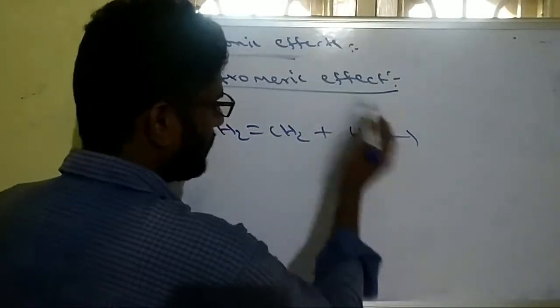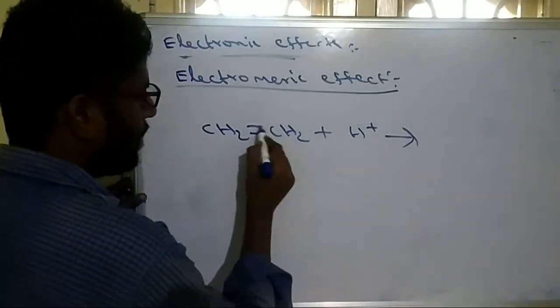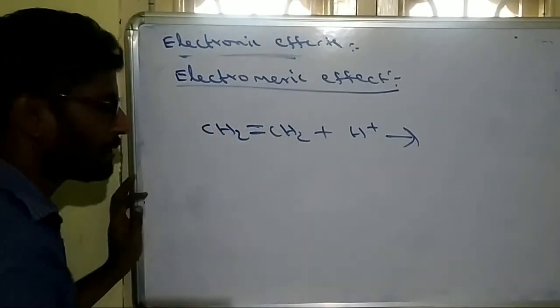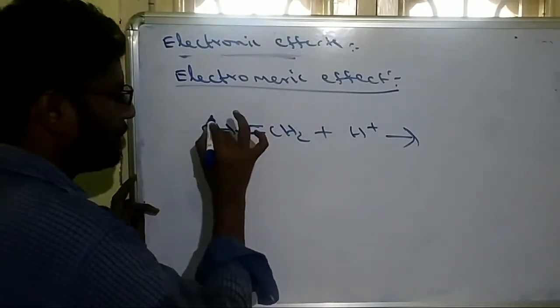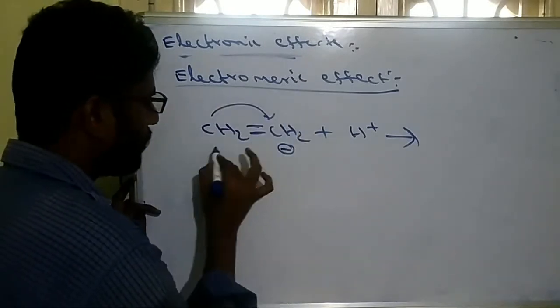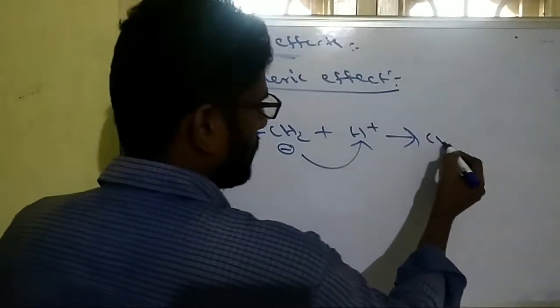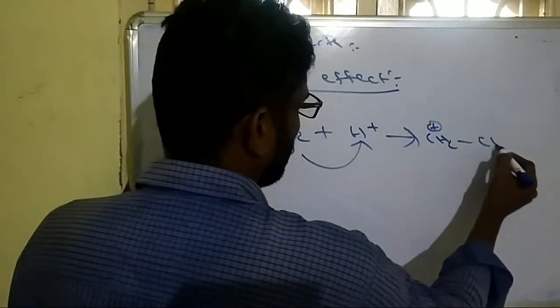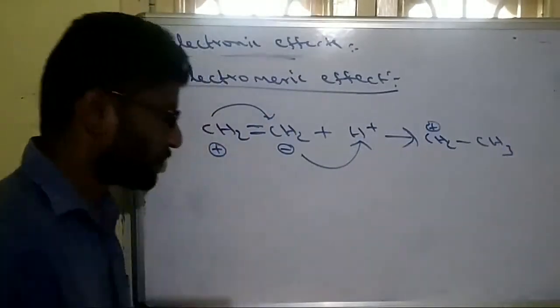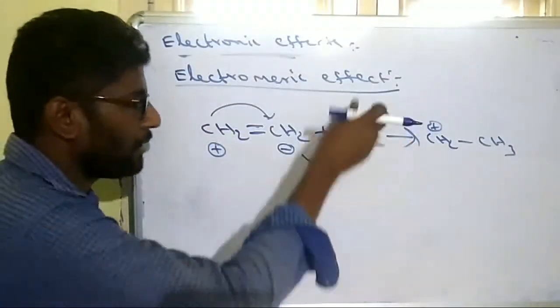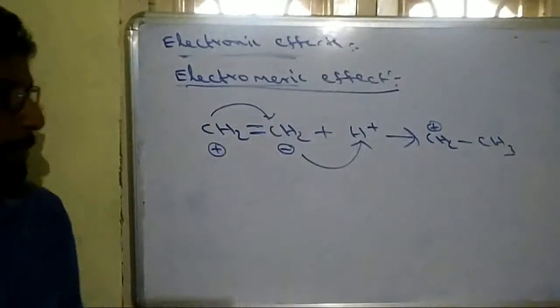Whenever H plus is added, the pi bond is displaced. Suppose it breaks here, one end becomes negative and one positive, so the negative takes the H plus, giving CH2 plus CH3. When H plus comes, the pi bond breaks. This process is called the electromeric effect.